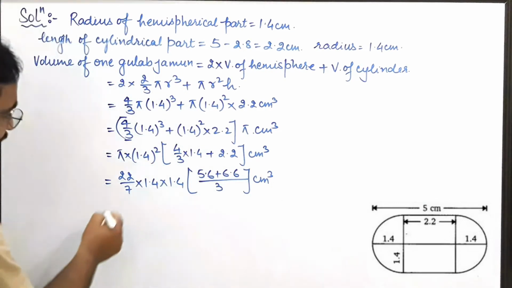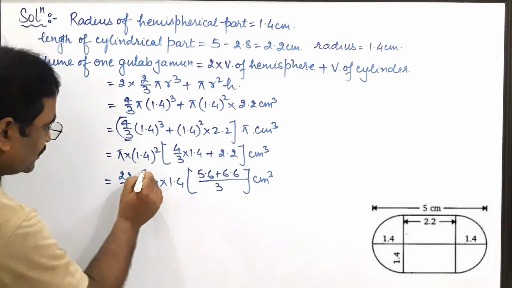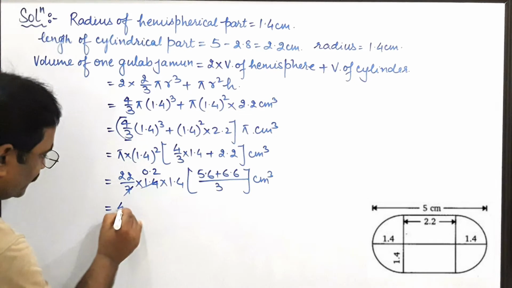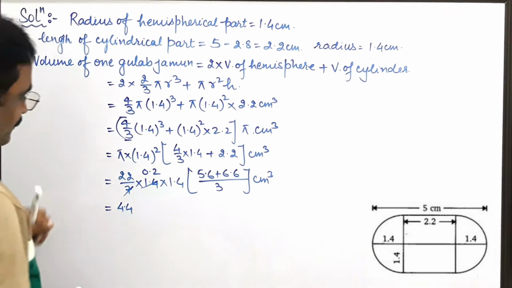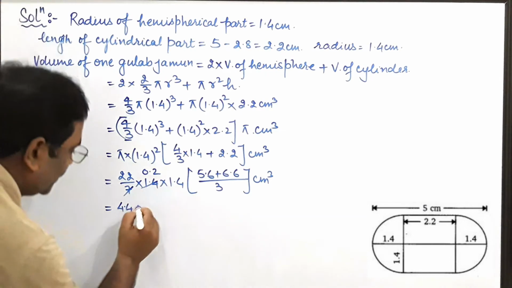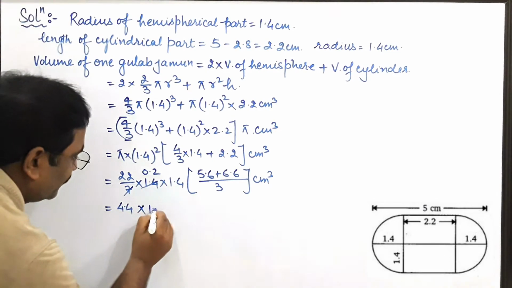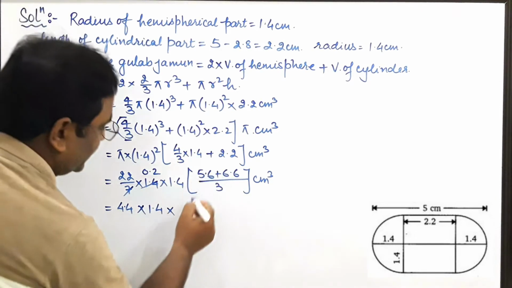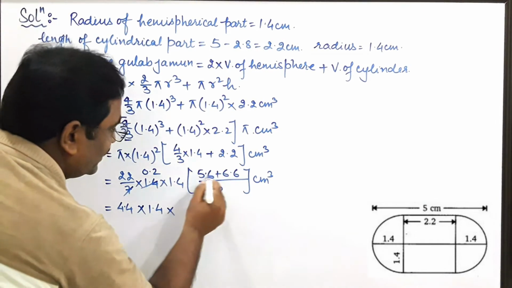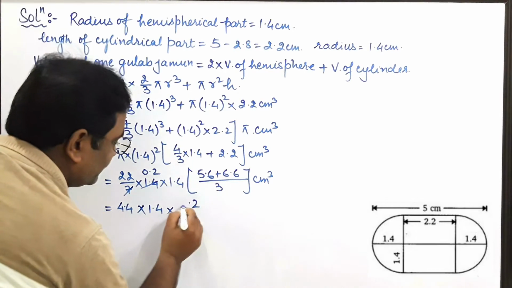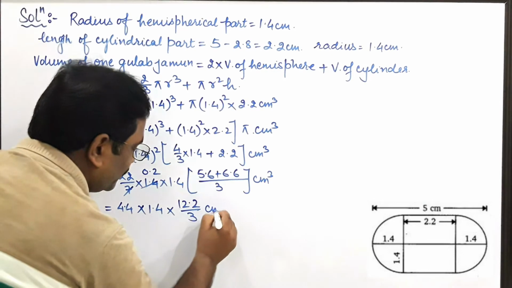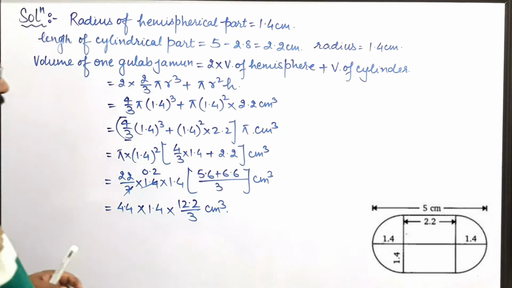So let us simplify this. 7 2s are 0.2, this is 4 4s are 22, 2s are 44, 4.4 multiplied by 1.4 multiplied by, this can be written as 6 plus 6 is 12, 5 plus 6 is 11 plus 1 is 12 upon 3 cubic centimeter.